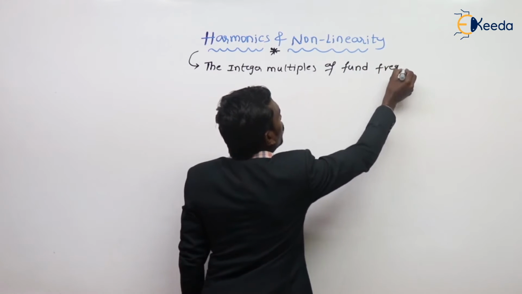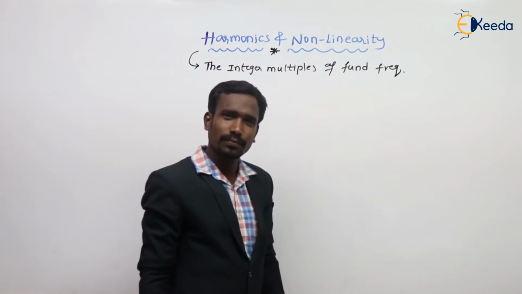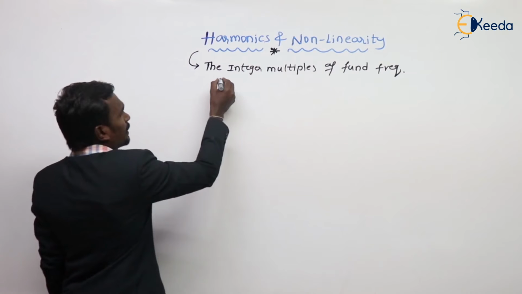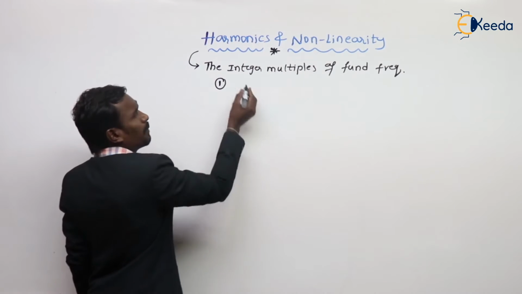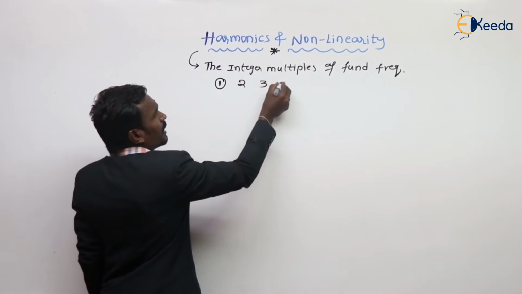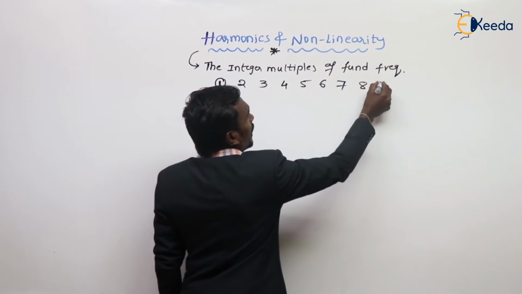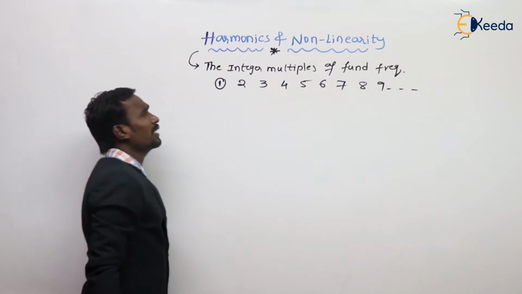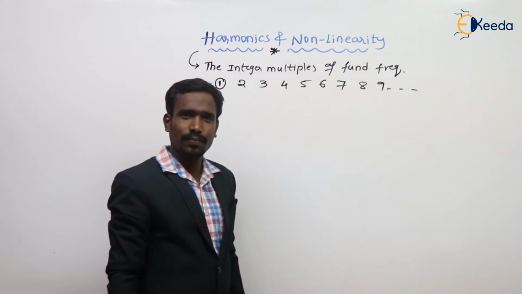For example, if my fundamental frequency is 1, then its integer multiples are 2, 3, 4, 5, 6, 7, 8, 9, and so on. These are all called harmonics.